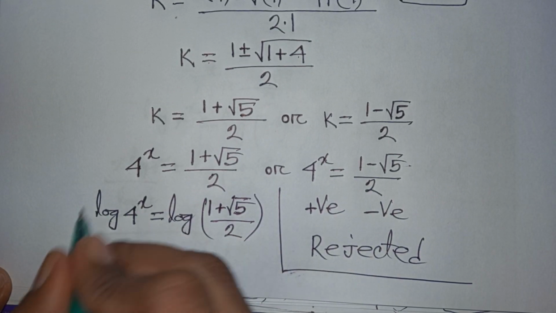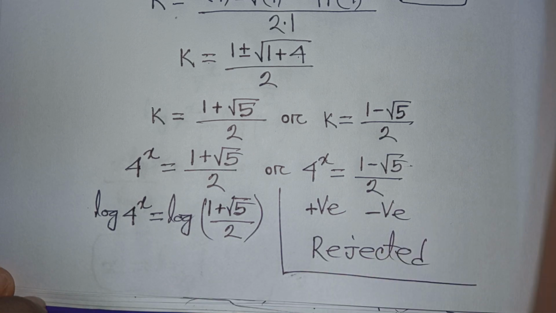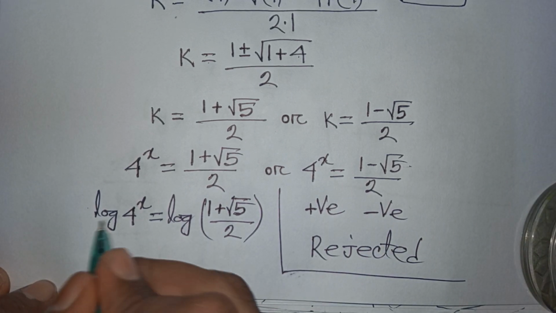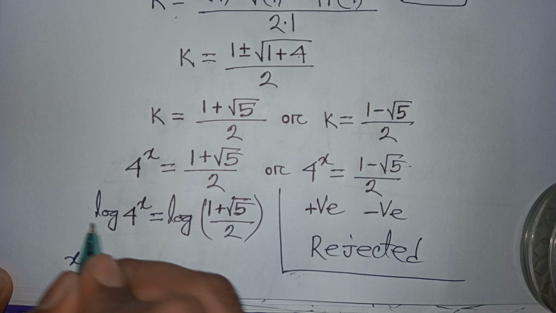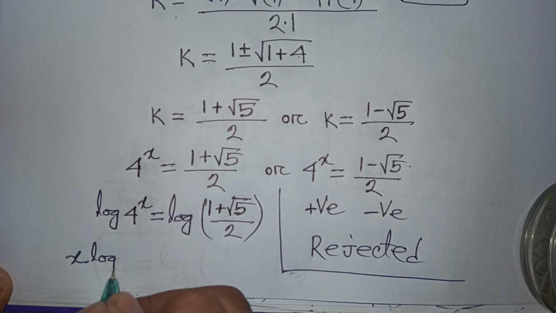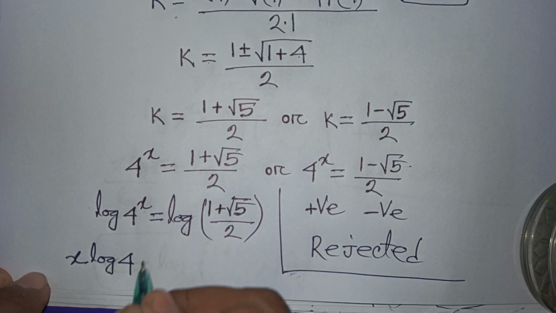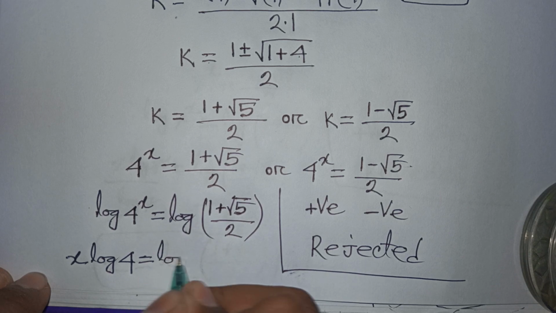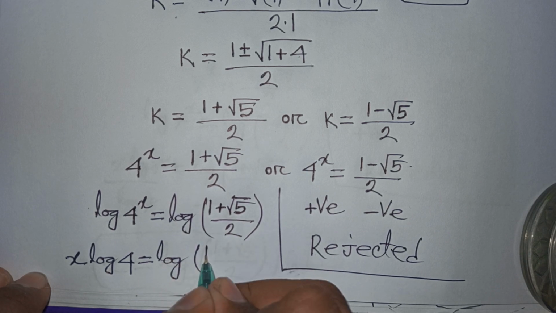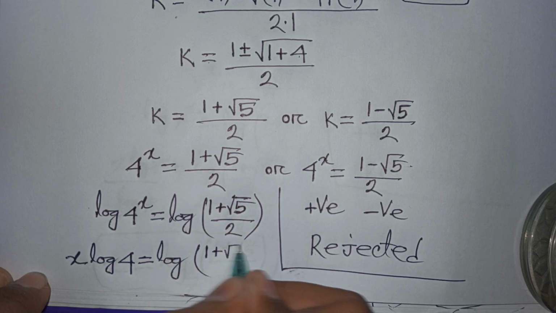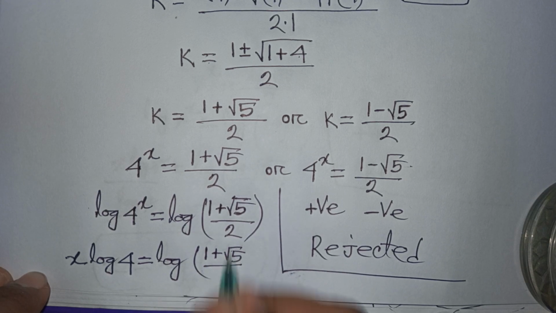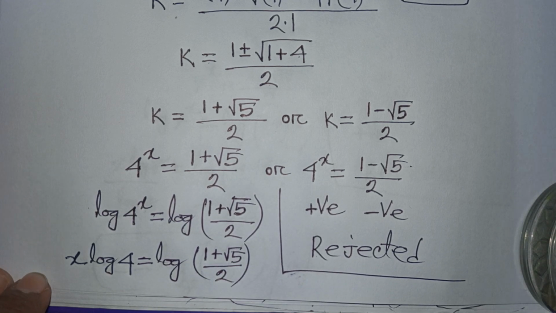Now this power x will move to the front, so it will be x log 4 is equal to log of 1 plus a square root of 5 over 2.